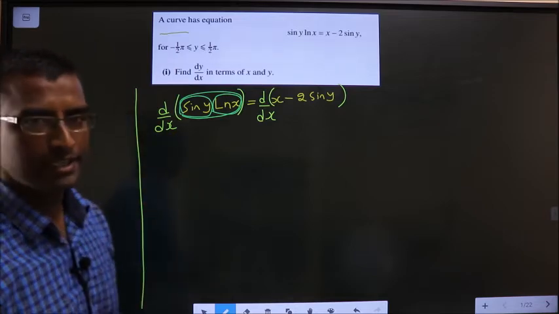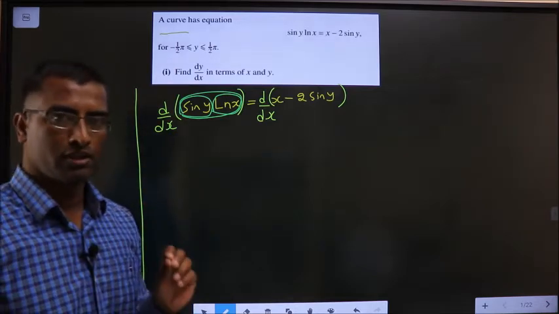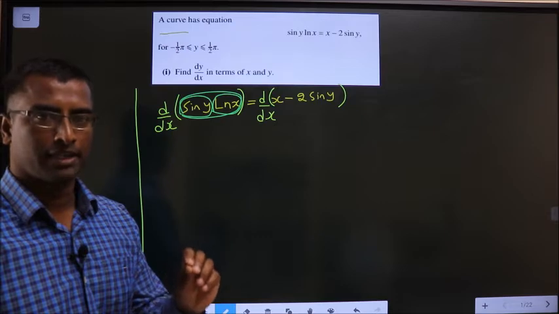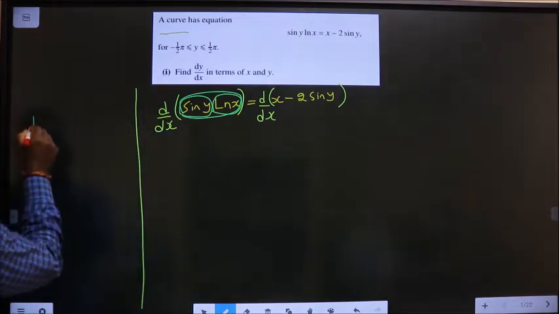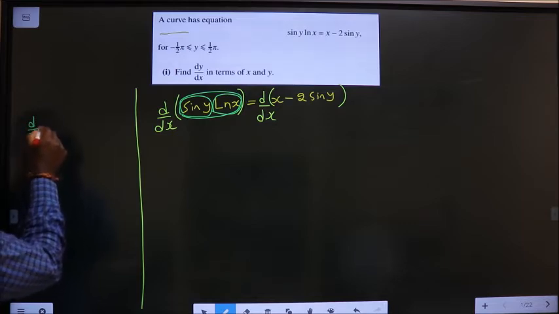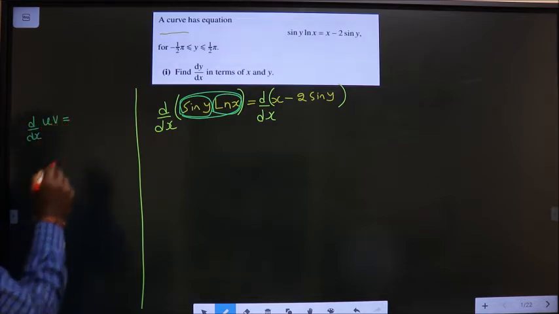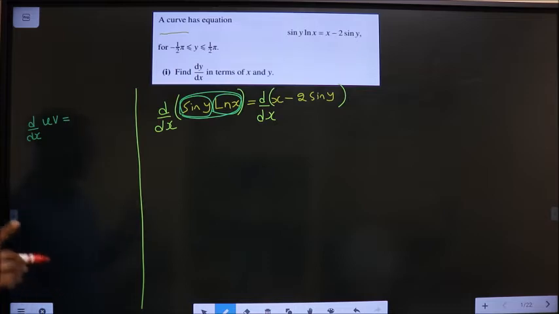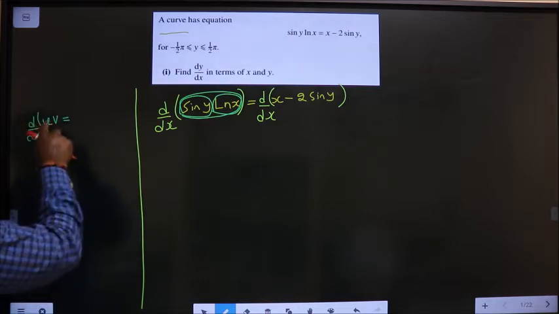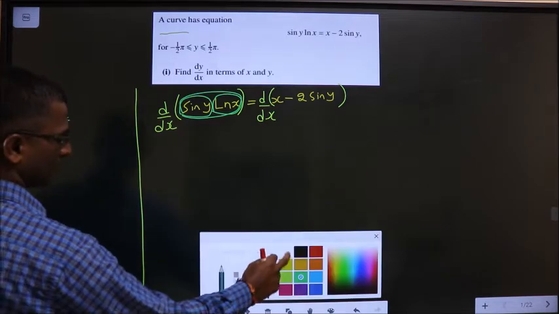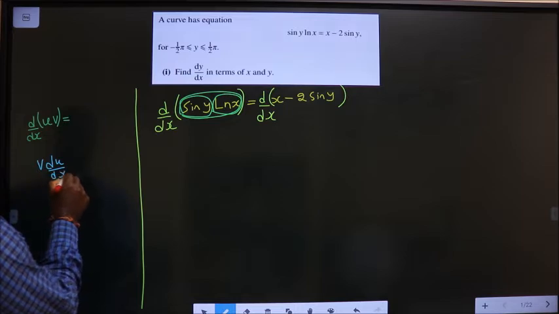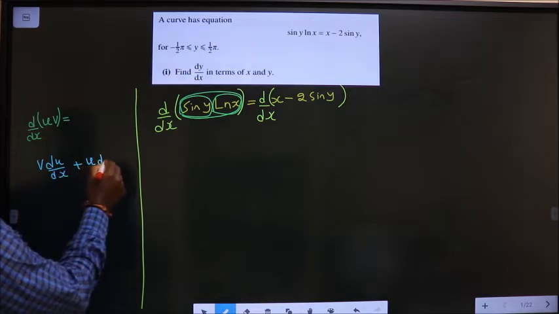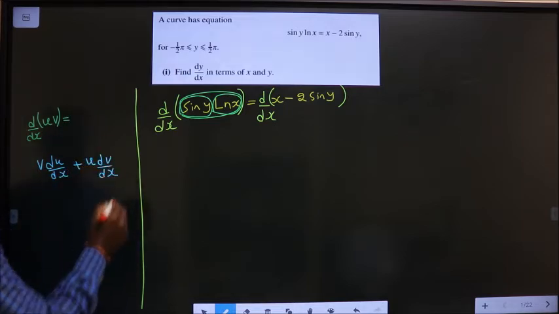Whenever you want to differentiate a product, you should make use of the UV rule, and that is d by dx of UV. For differentiating a product, you should make use of this UV rule, and the formula is V du by dx plus U dv by dx.